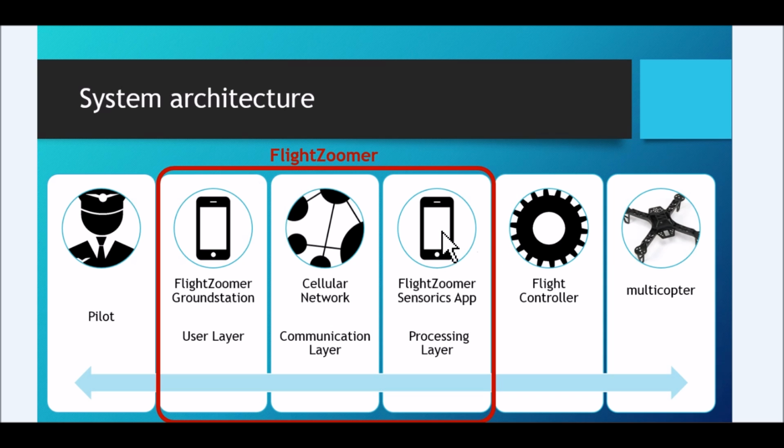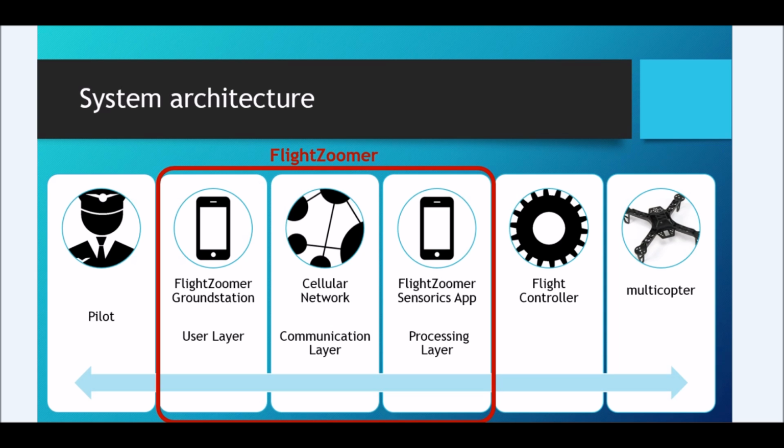Once the command reaches the sensoric app, or the companion computer, it will work autonomously together with the flight controller. So even if the communication were somewhat interrupted or not 100% up to speed at any point in time, it would work perfectly and smoothly, processing the commands that it received.